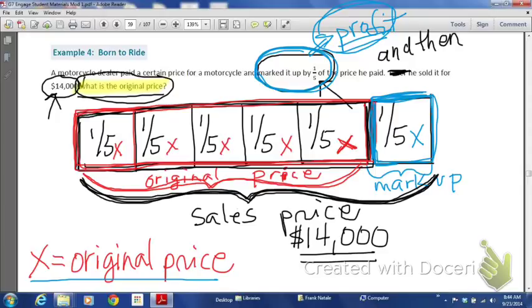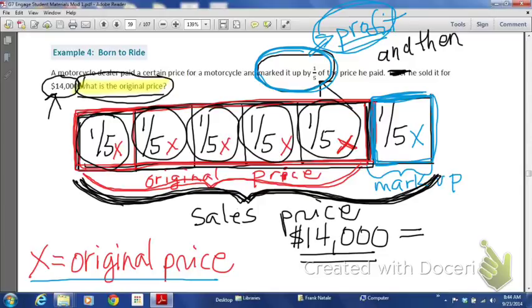This $14,000 is actually equal to, look at it here, I'm just outlining that again, 1/5, 2/5, 3/5, 4/5, 5/5, 6/5 x.